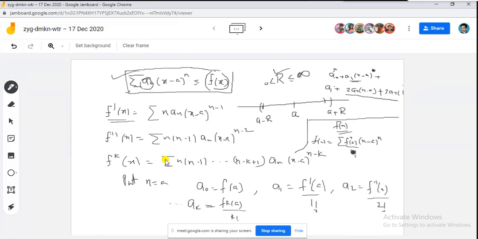Is it okay? And the previous theorem we wrote says exactly that: the nth term a_n is nothing but the nth derivative of the function at the point a divided by factorial n.